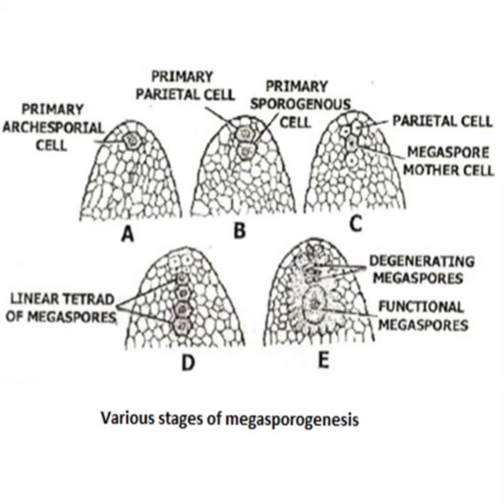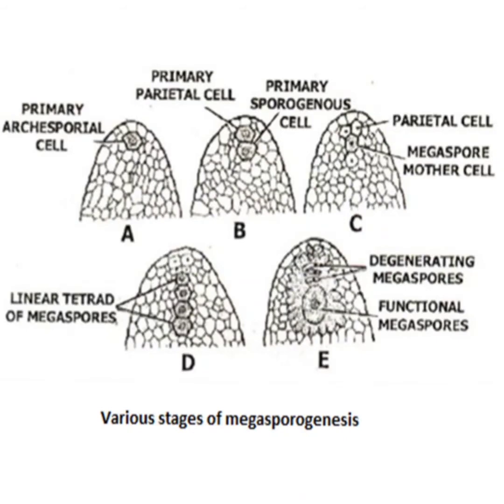Here in this image, you can see the various stages of Megasporogenesis. A is where the primary archisporial cell is formed in the sporogenous tissue. B is where the archisporial cell divides into 2 cells, the primary parietal cell on the outer side and the primary sporogenous cell on the inner side.